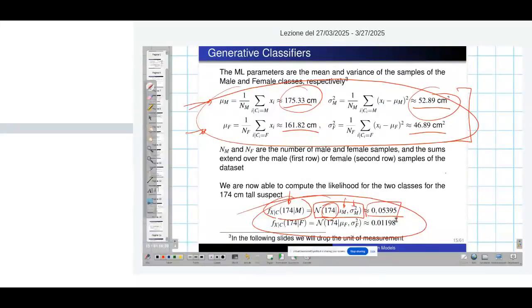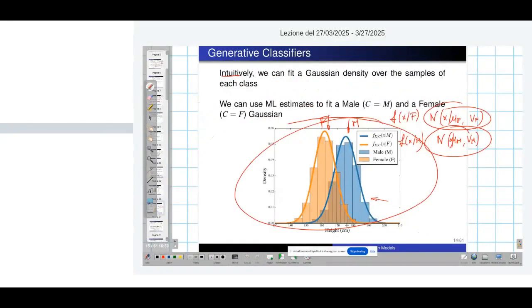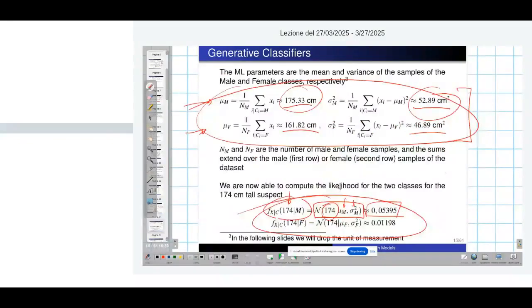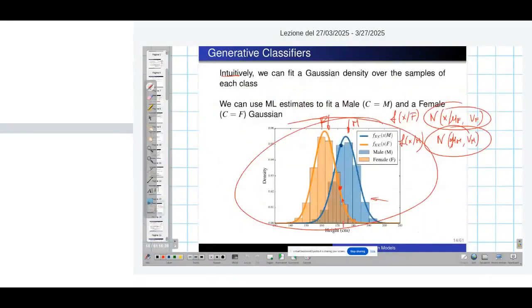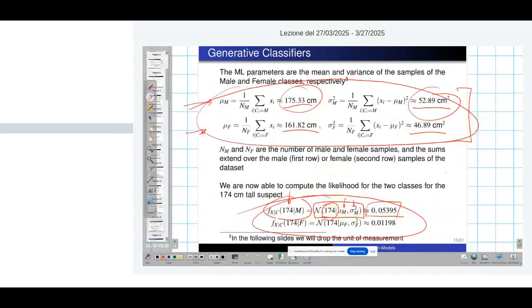It's the height on this curve of 174. So it's this value here. I do the same for the female, which will be somewhere here, and I get maybe a bit lower here, and I get 0.1, 0.01, etc.